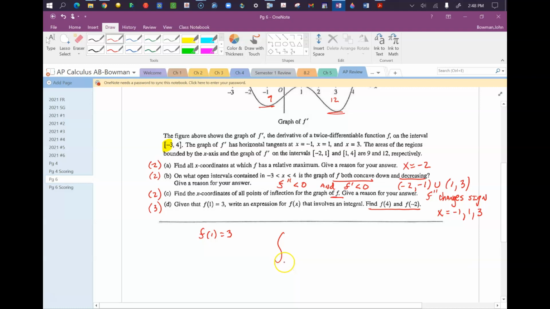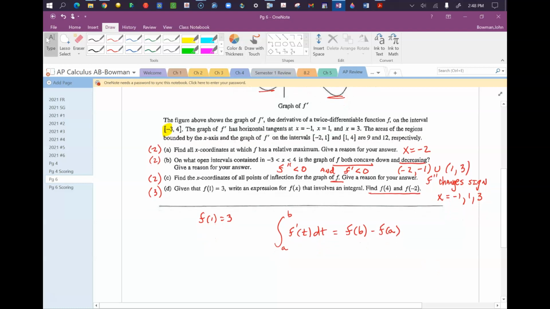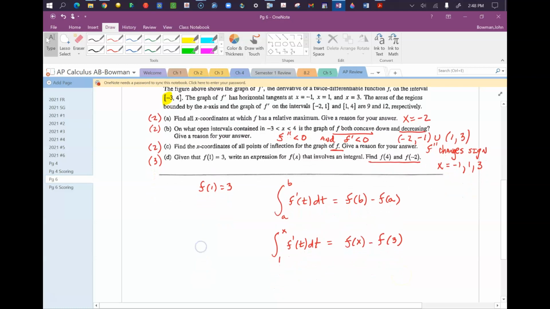we're going to have, let's say from a to b, f prime of t dt, we're going to have f of b minus f of a. Well, if we were to replace the upper limit with x, and the lower limit with 1, we would have f of x minus f of 1.